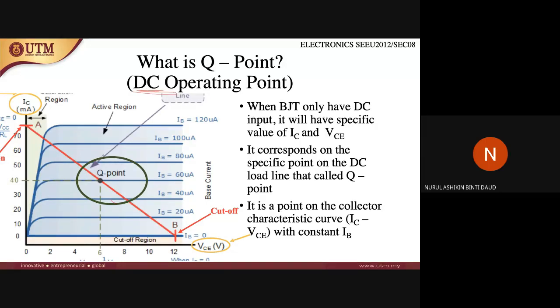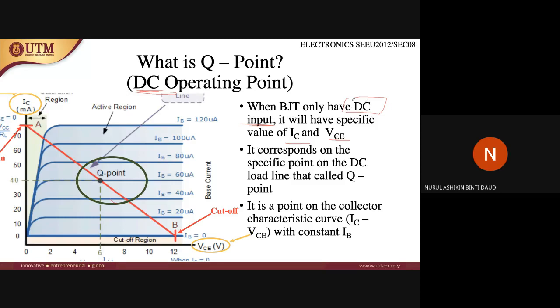For the DC operating point, when the bipolar junction transistor has only DC input, it will have specific values of IC and VCE.